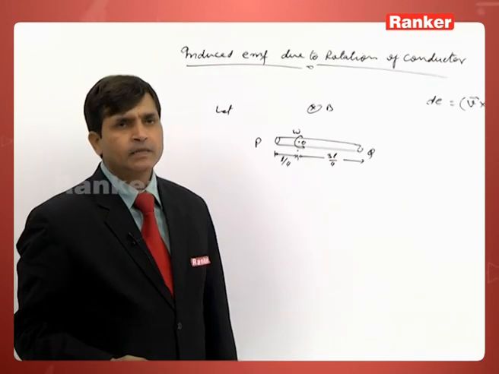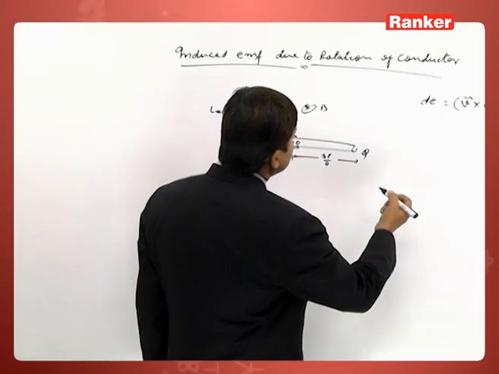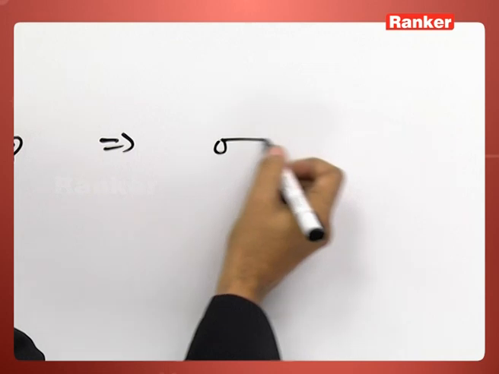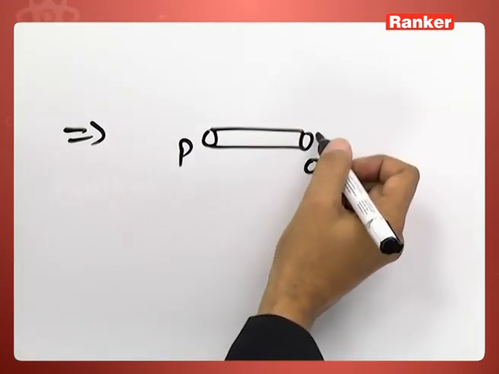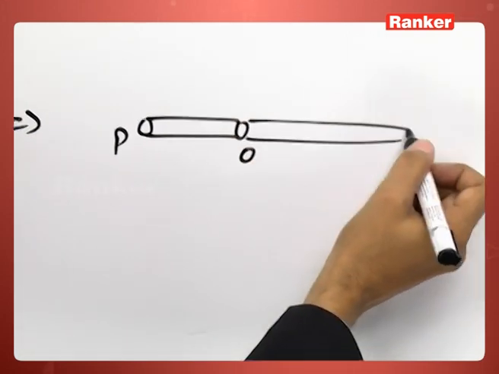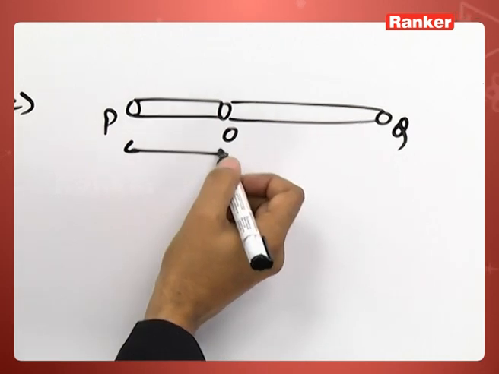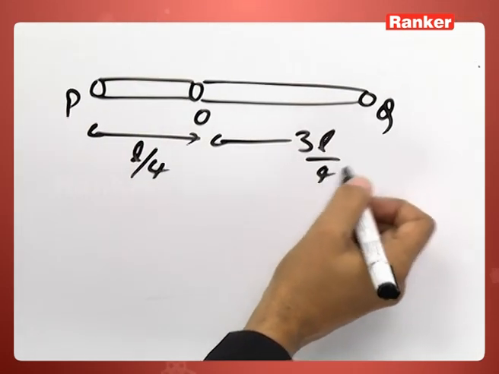Then how to calculate? It is similar to the previous case. It is just like there are two conductors, P to O and O to Q. One of them has length L by 4, the other 3L by 4.